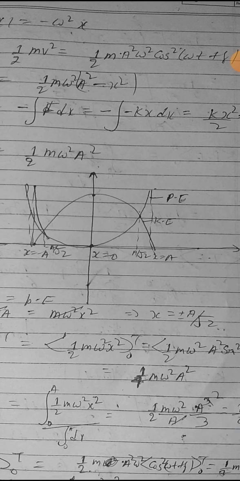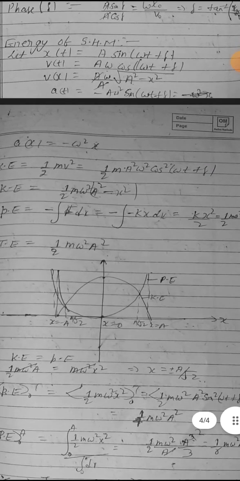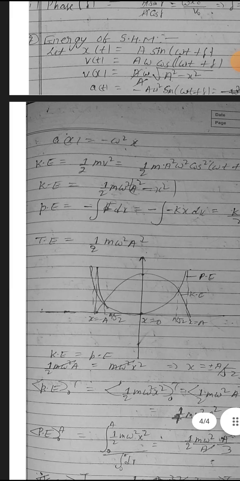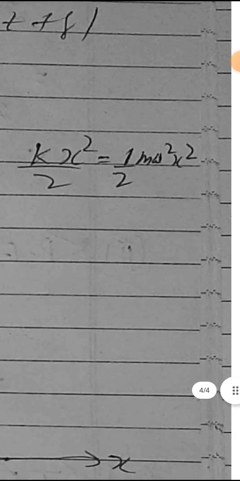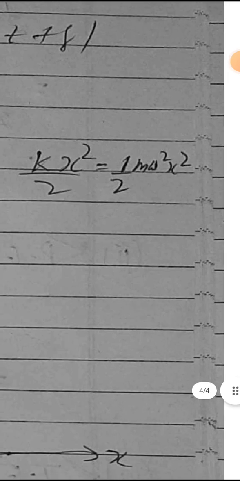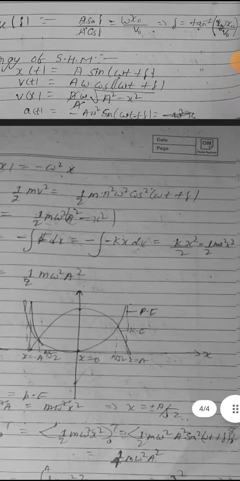You should plot it on your own by putting different values in the kinetic energy equation and in the potential energy equation which we have got. So this upward parabola is the graph of potential energy versus position.